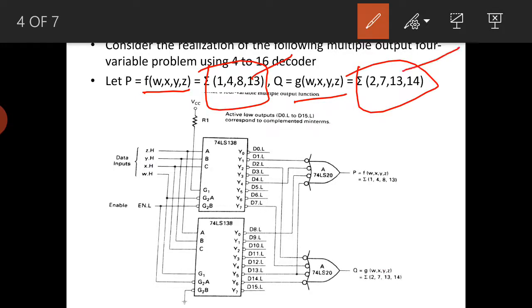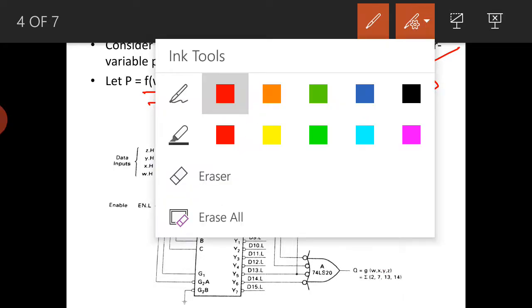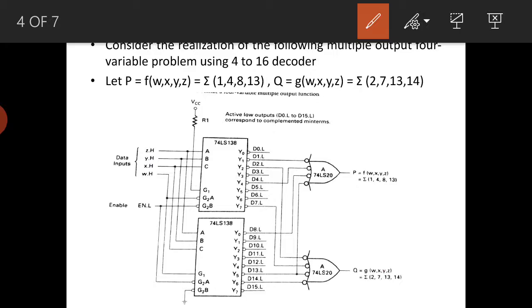So this we can implement by using two 3:8 decoders. This is the construction of a 4:16 decoder using two 3:8 decoders.